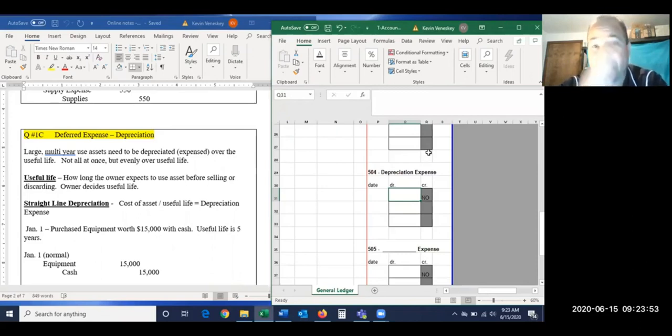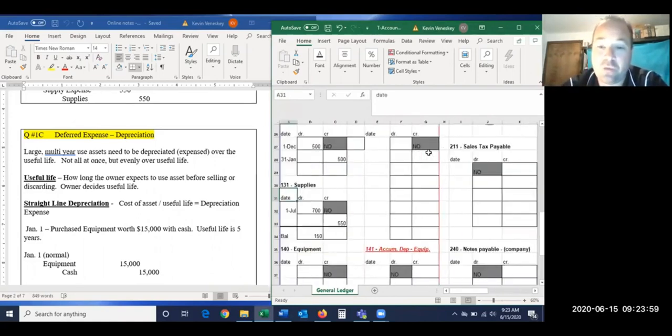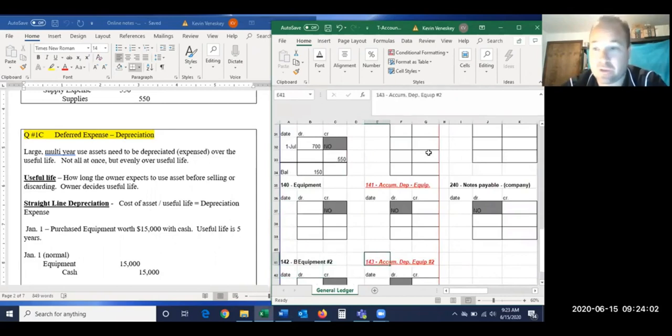It's not keeping track year to year to year. It's only showing me this 1 year for the expenses. The accumulated depreciation doesn't go to 0. It's like the equipment, it stays, it keeps its balance year after year. And so we can keep track of how much I've depreciated out of the whole total. That's what its purpose is to tell us.